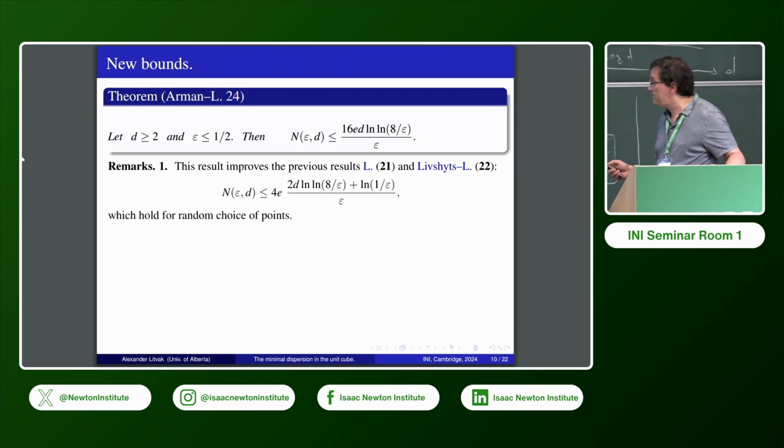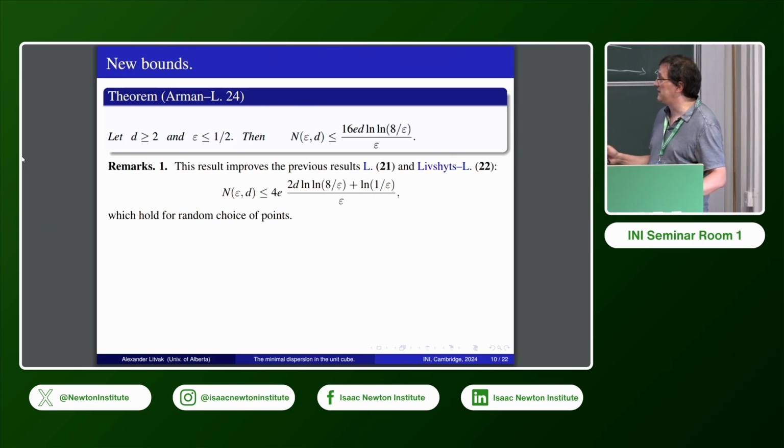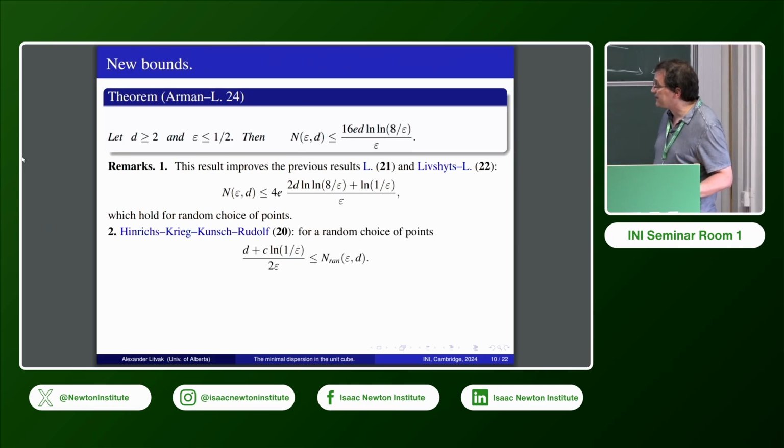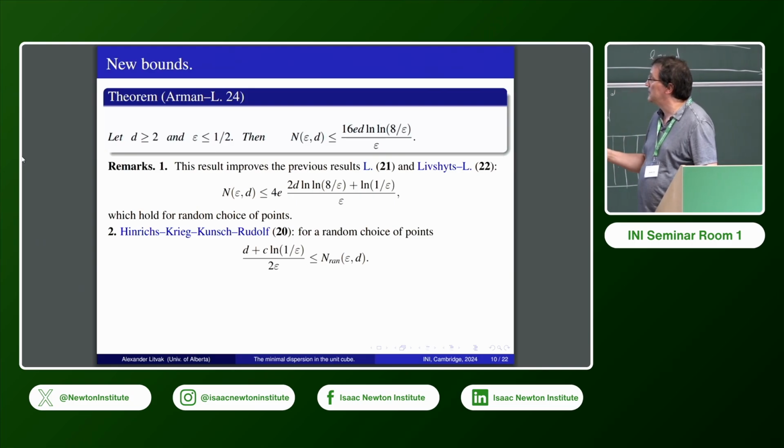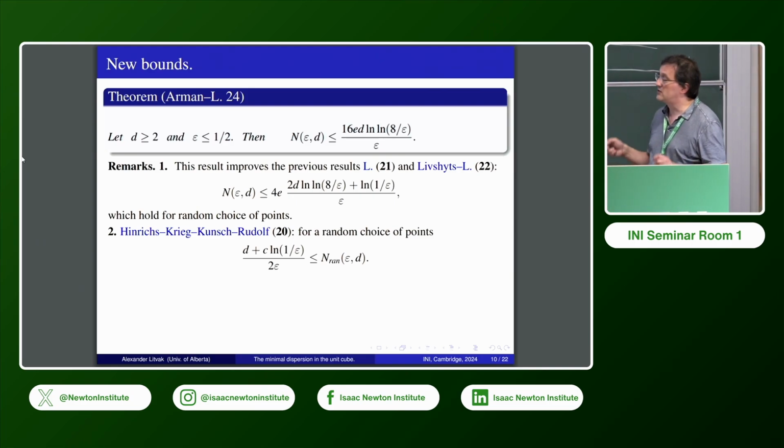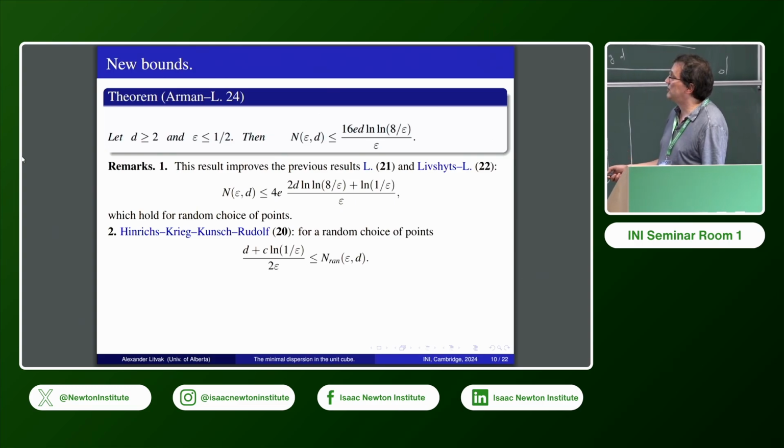And this was an almost sharp result, because in the paper of Hinrichs, Krieg, Kunsch, and Rudolph, they proved that if we use random choice of points, then the lower bound is like this. So up to a double logarithm here, it is sharp.